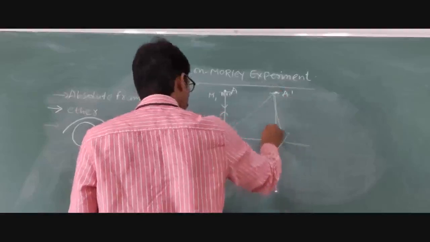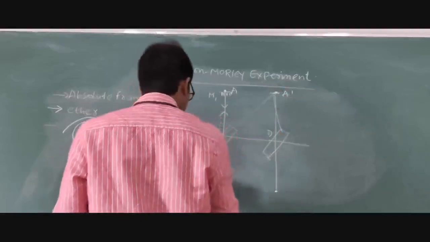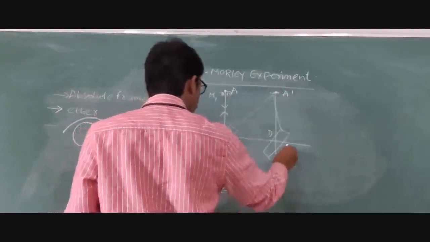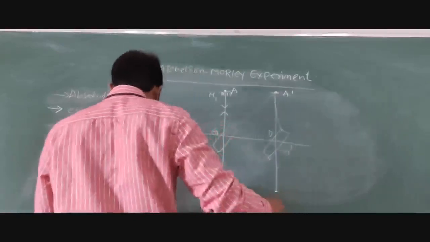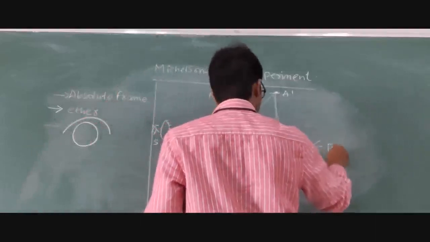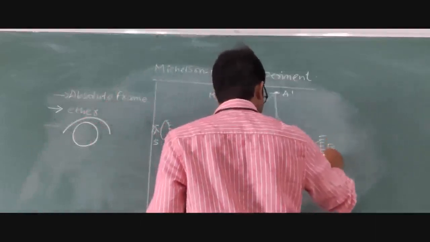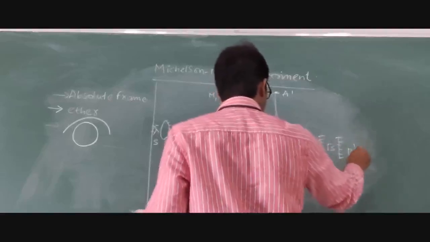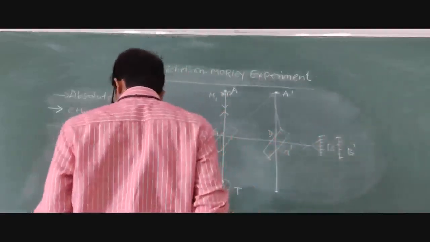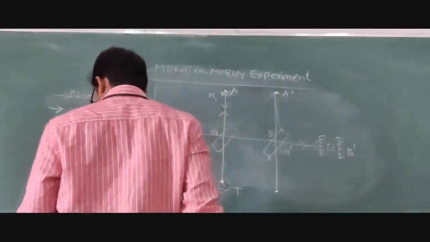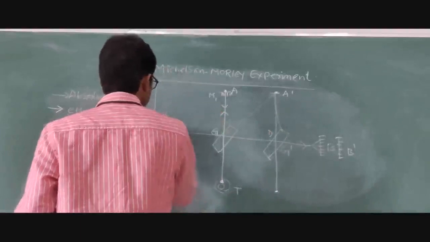From this to this line for D, and here comes the telescope, where we can see the image. That is T, and here G dash. Here B. I will explain B dash, why we are using it; A dash is already drawn. I hope nothing is blank.